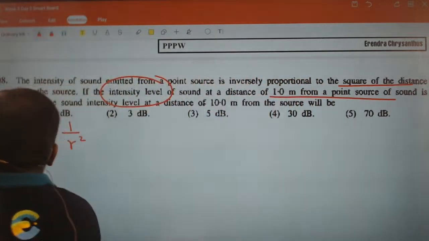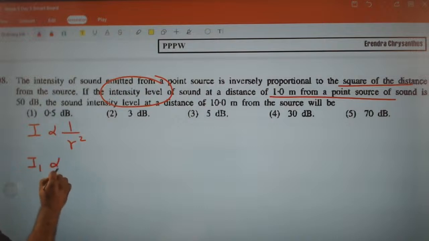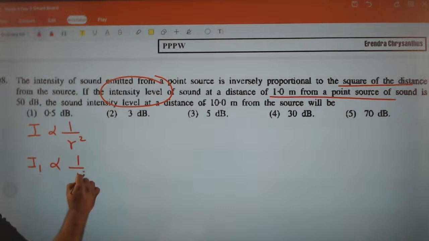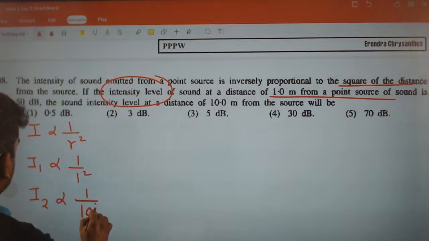So, right, be a bit careful. I1 at a distance of 1 meter. Next is I2 at a distance of 10 meters.